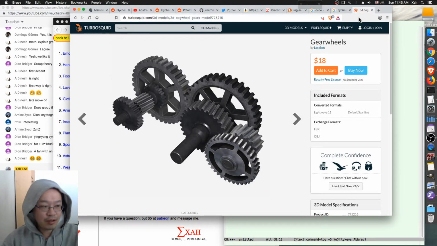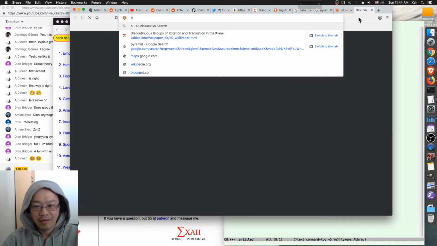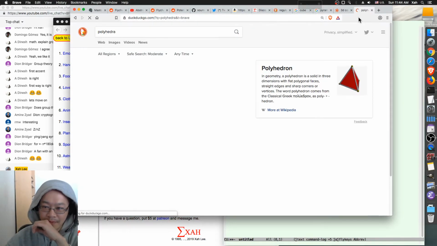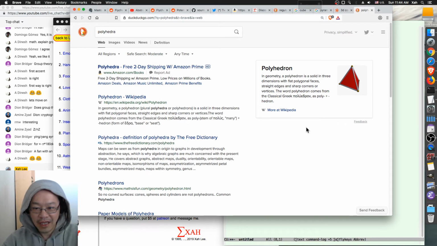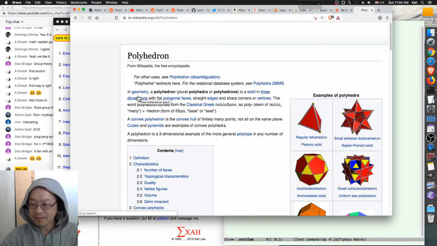Okay, so let's look at the most fascinating object for programmers, the most popular subject of math among programmers, polyhedra. There it is. Let's look at Wikipedia. There are so many symmetries there.